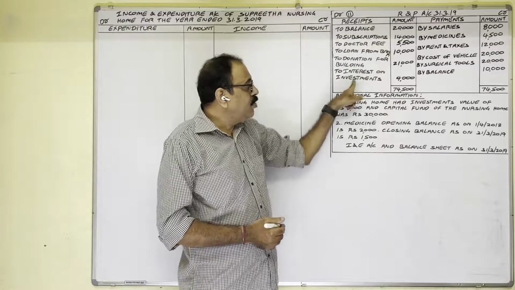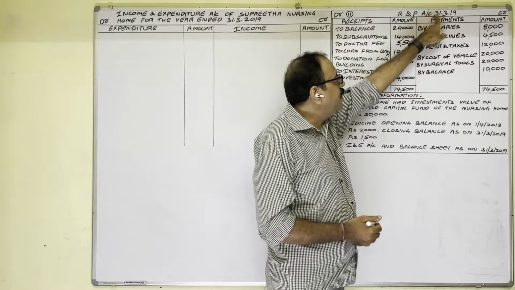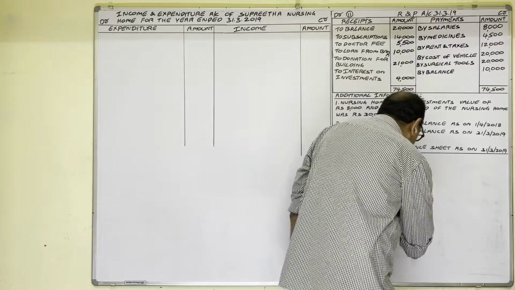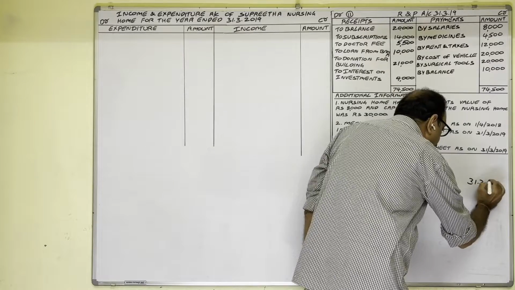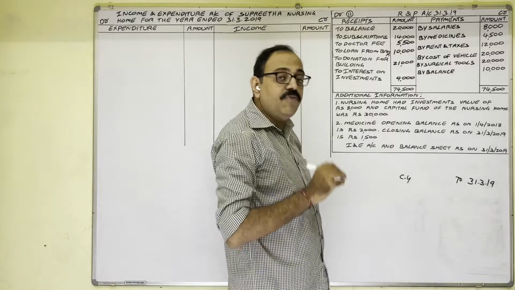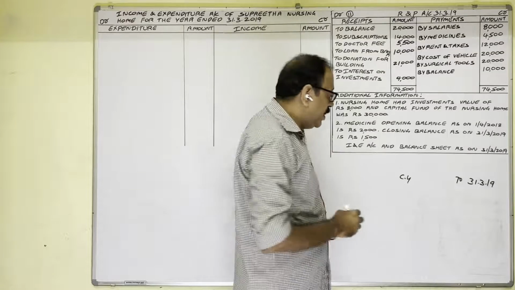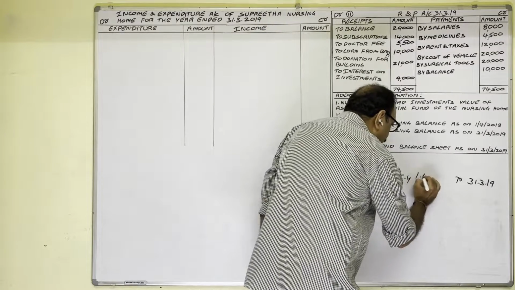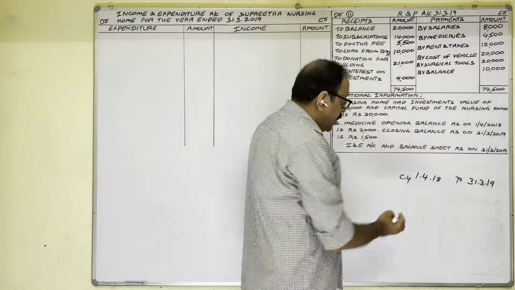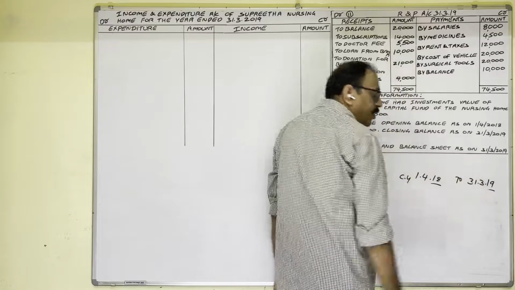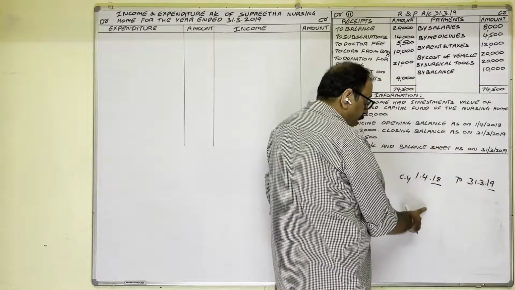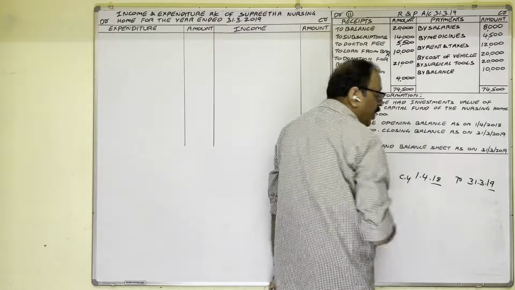The receipts and payments account is given for the year ended 31st March 2019. So the current year is 31st March 2019. If this is the last date of the current year, the starting date is 1st April 2018. So the current year is 2018-19, the previous year 2017-18, and the next year 2019-20.